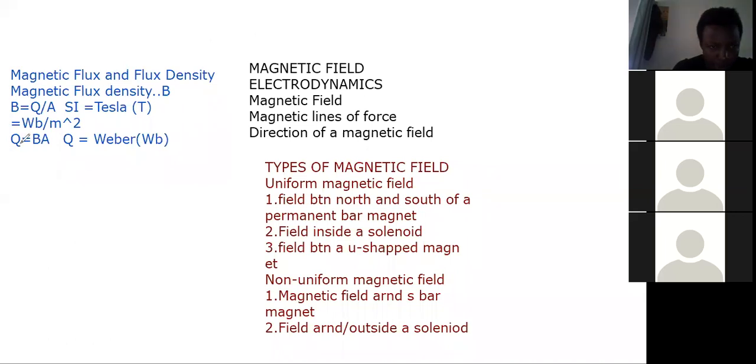So the psi I was talking about is something like this.